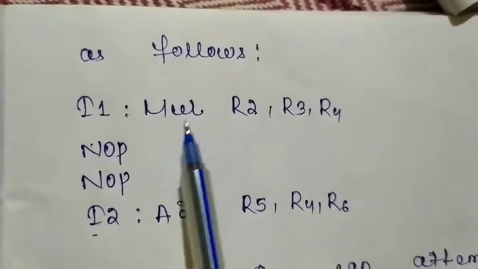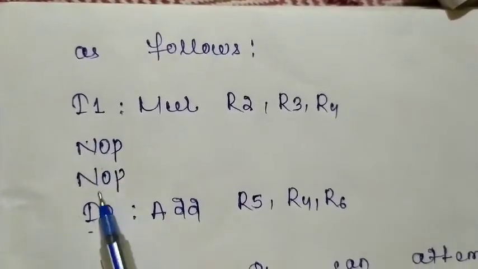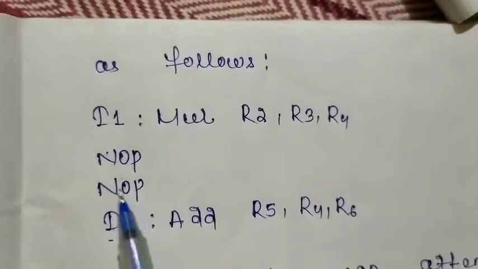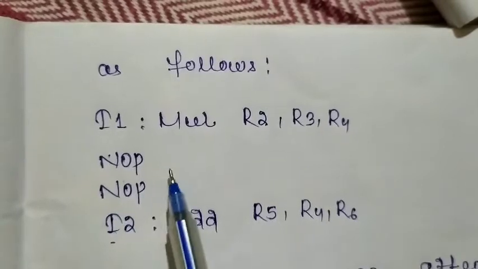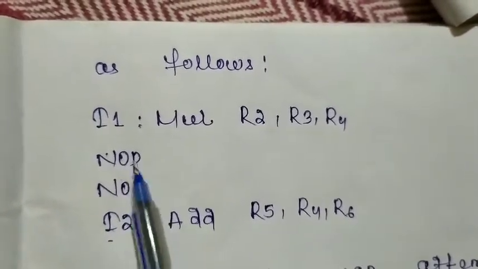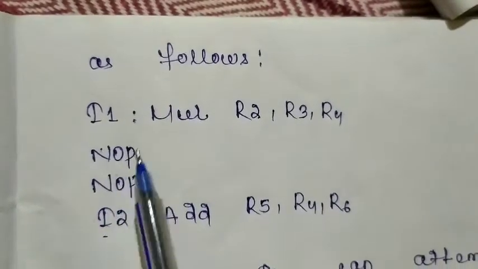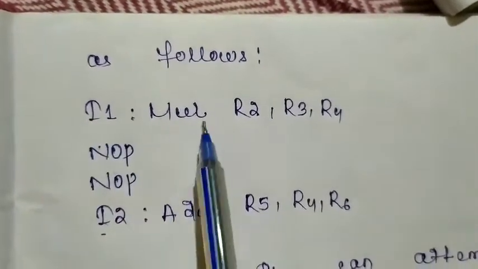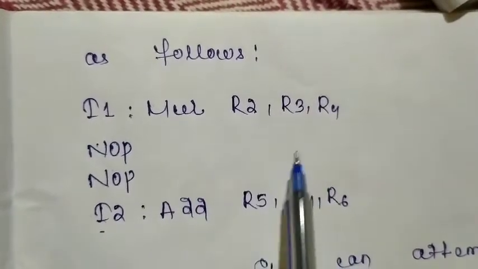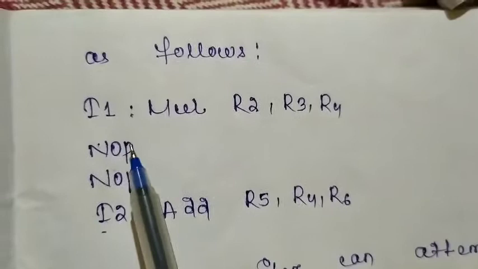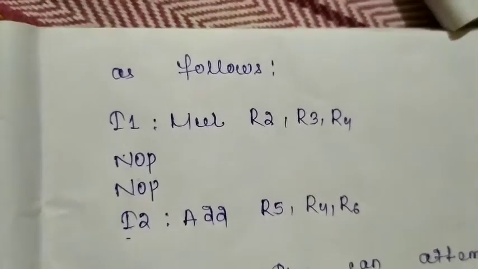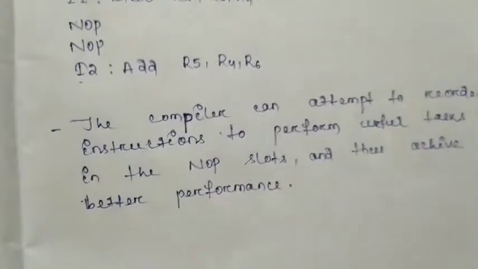So the compiler will insert these no operation instructions. As it is a 2-cycle stall, it will insert 2 NOP operations, so that after I1 continues its execution for 2 clock cycles, these 2 instructions are executed.